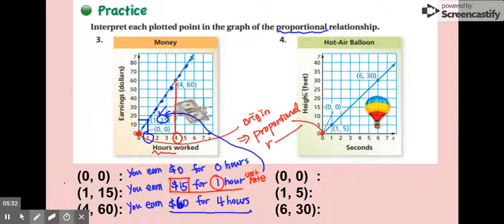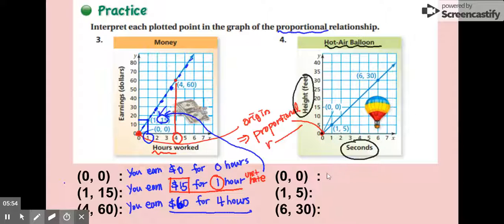All right, let's check the variables. The first one is height, and there's a title here, hot air balloon. So 0 means what? For 0 seconds, how much height can you go up? It's 0 feet, right?